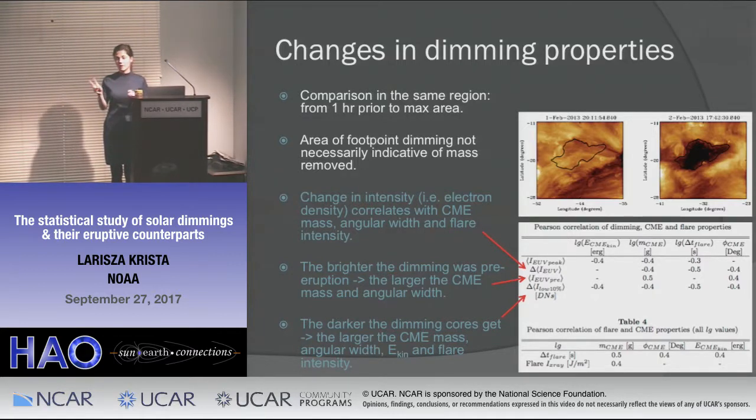I mean, okay, let's be honest. There could be two cases. It could be some weird case where maybe the field opened up, there was very little plasma, so you can see a hole in the corona, but we don't see it in the coronagraph images because there was so little material, or because it's coming towards us. The other case is, if there's an eruption and the plasma is gone, we should be able to see it.